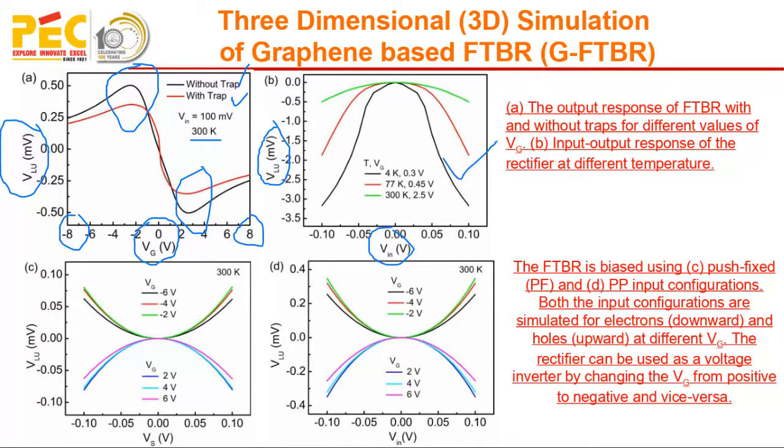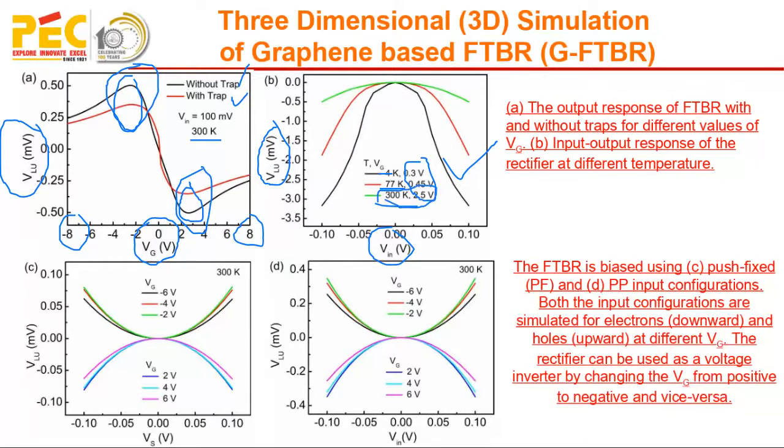So the response has been simulated for three different temperatures: 300K, 77K, and 4K. Here the value of Vg has been taken so that we are getting the maximum response at the output side. If we compare here, we are getting the maximum response for the holes as well as for the electrons around 2.5 volt. So here for 300K, we have put the response for the 2.5 volt Vg.